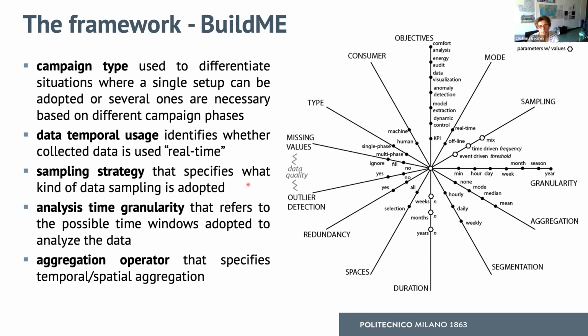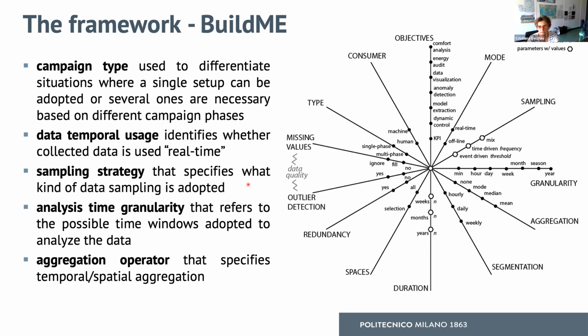The data temporal usage identifies whether the collected data will be used in real time. For instance, if we are designing the dynamic control of the building, or if we are using it for data visualization, in that sense we really do not need real-time access to data, but we have some kind of delay.